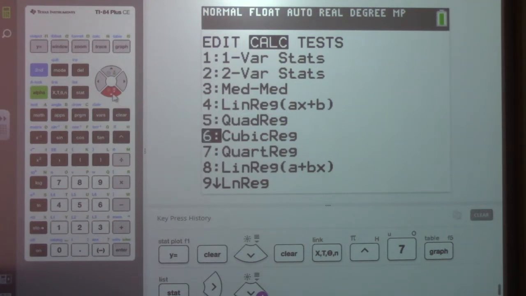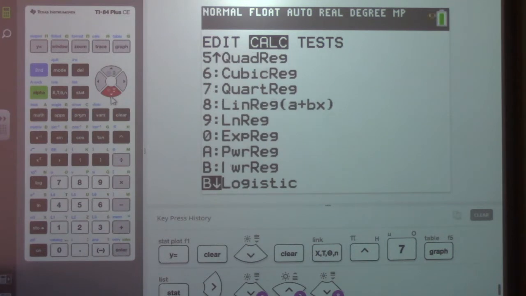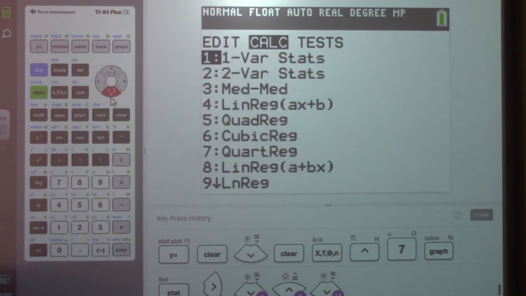So they're in order. Degree 1, which is x. Degree 2, x squared. Degree 3, which is x cubed. Degree 4, quartic regression. And I don't know if there's a quintic. Let's see if there's a quintic here. I don't think so. So you don't have a calculator set up to do a quintic regression, which is degree 5. But anyway, this is where some of the vocabulary you can see.